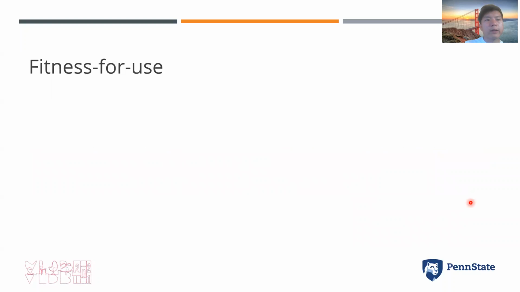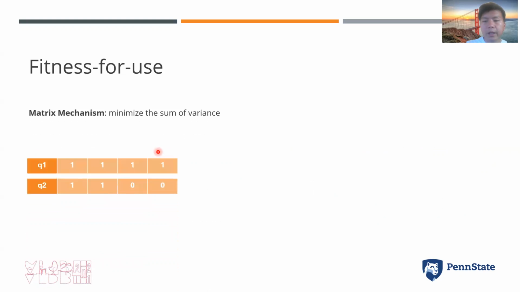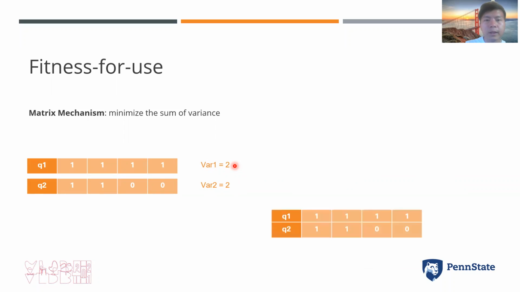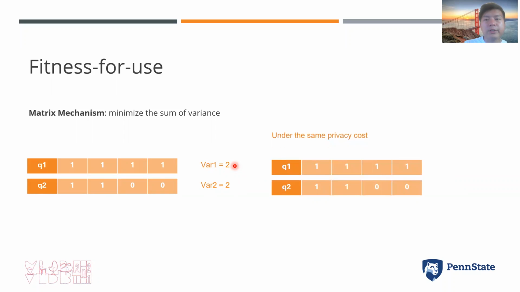Now let's take a look at the fitness for use problem. In the traditional mechanism, like the matrix mechanism, they basically try to minimize the sum of variance. So for example, if we have two queries, Q1 and Q2, the algorithm may result in variances that are very close to each other, but they will sum up to the minimum. However, under the same privacy cost, what if we want Q1 to be more accurate?